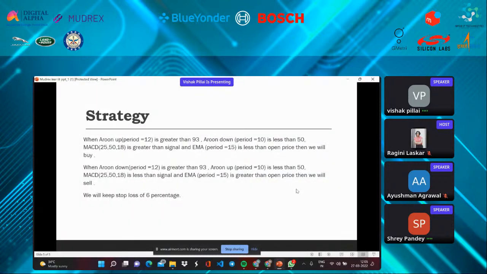We have made it so that it decides when to sell a stock or when to buy a stock.